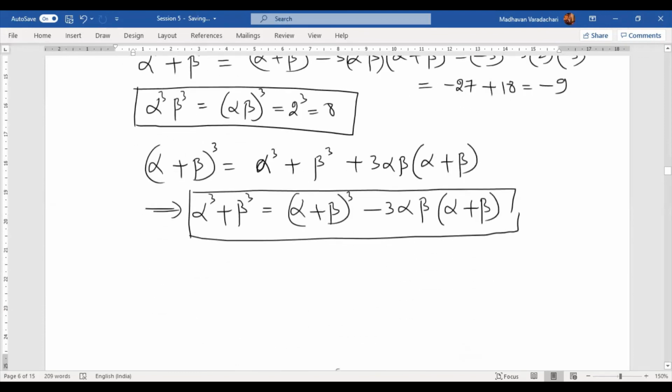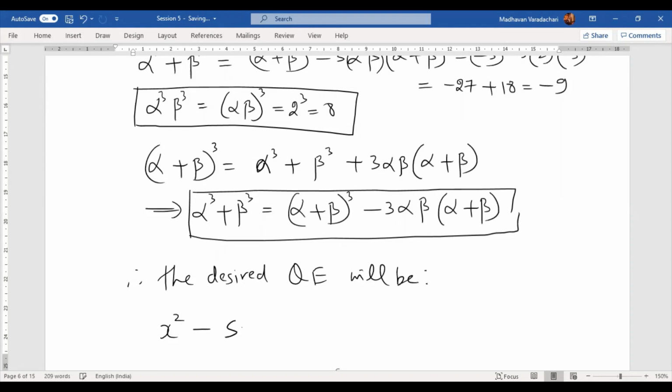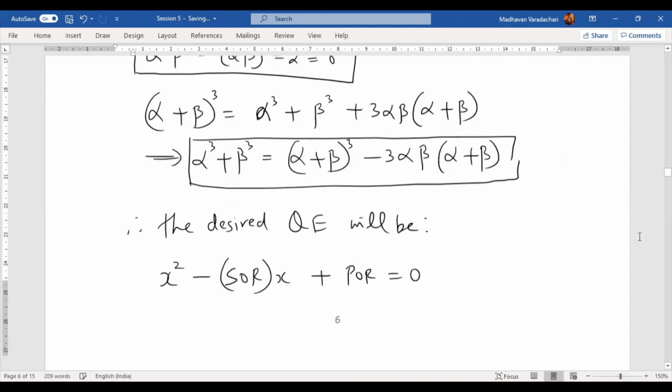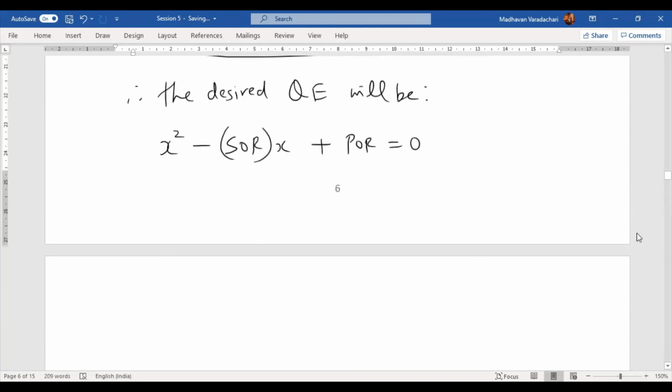So the desired quadratic equation will be x square minus sum of the roots times x plus product of the roots equal to 0. Now, what is sum of the roots?